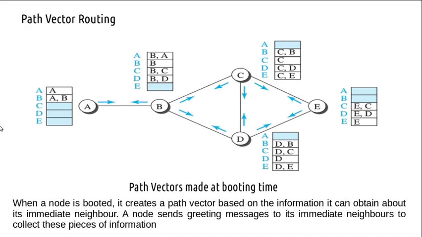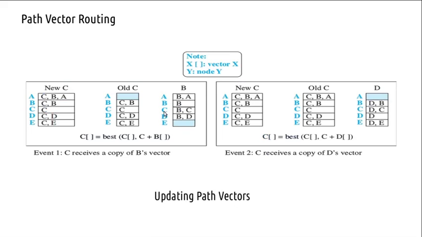Path vectors are updated. It will send these greeting messages to its immediate neighbors, and then these neighbors will send to their neighbors, like that. Here it is shown how a path vector is updated. Say this is C's routing table, and it receives a copy of B's vector.